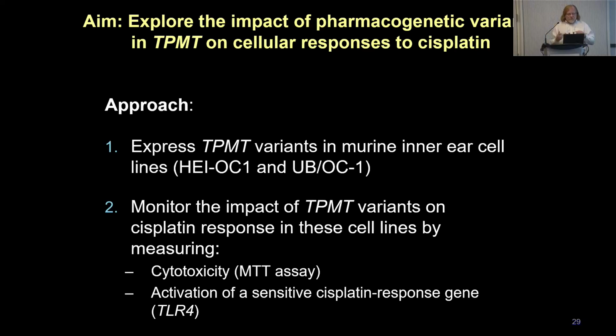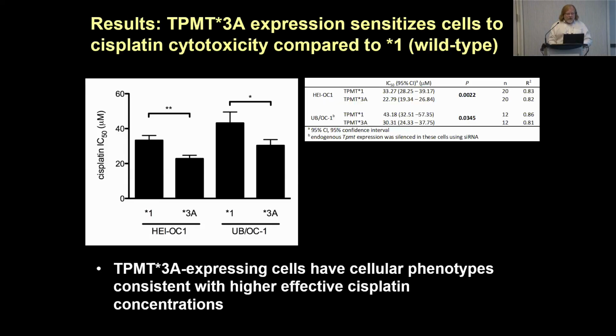The first thing we did was express these variants in two mouse inner ear cell lines, the House Ear Institute Organ of Corti 1 cell line and the UB/OC1 cell line, and monitor the impact of these TPMT variants on cisplatin response, looking at cell death and also activation of a cisplatin response gene that we found after candidate work in a genome-wide study, called TLR4, or toll-like receptor 4. And what we found is that the *3A variants definitely sensitized the cells to cisplatin cytotoxicity compared to wild type.